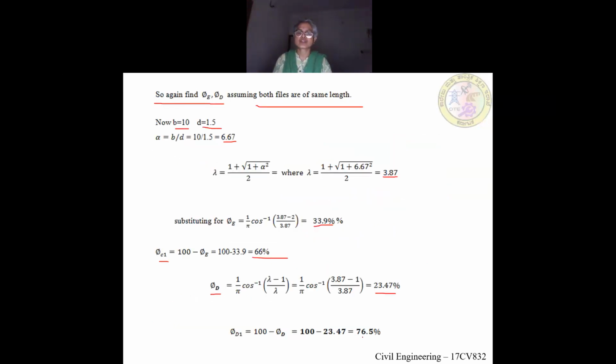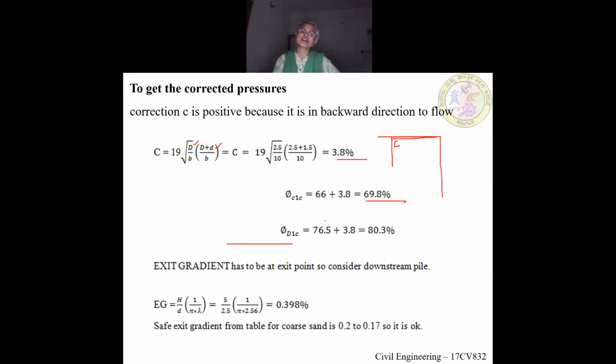These two values we have got here. After calculating the values of phi C1 and phi D1 by assuming the same length of piles on both the sides, then you have to apply the correction. While applying the correction, you should take the actual lengths of D and d.